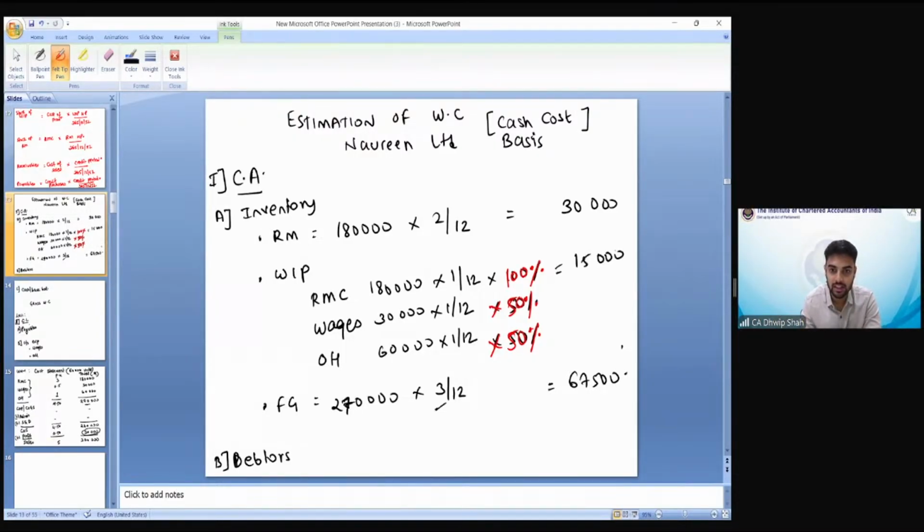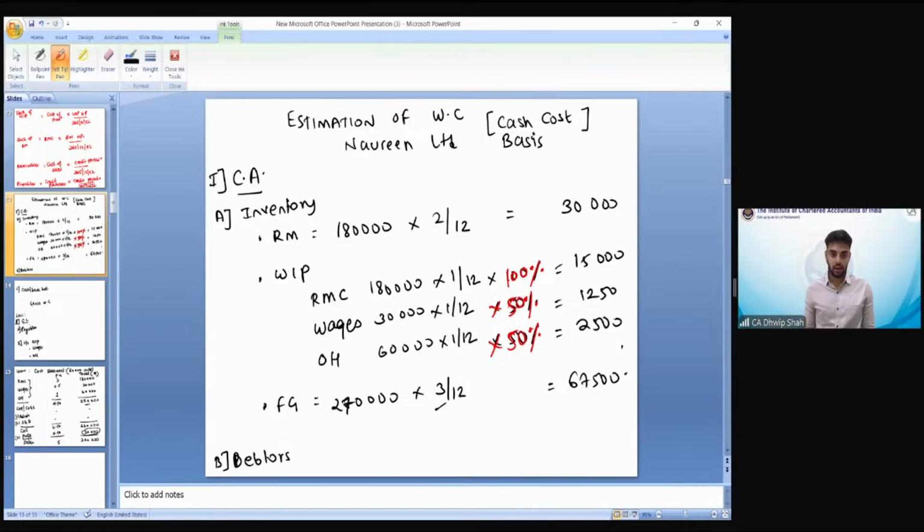Then wages 30,000 divided by 12 into 50%. So 15,000 divided by 12. 1250 and overheads 2,500. ठीक है? Understood WIP? So the only difference between FG and WIP is in percentage completion.